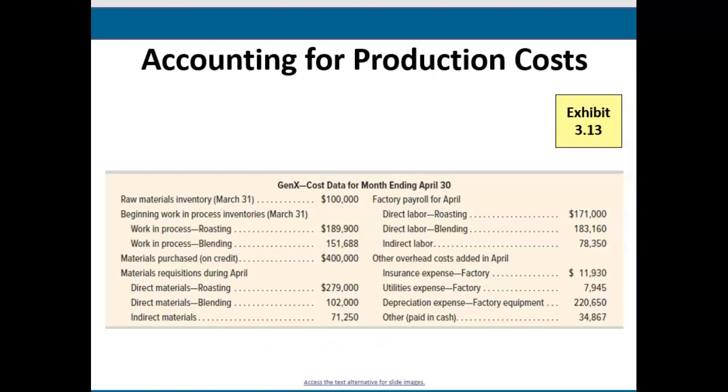Here, accounting for production costs. So Exhibit 3.13 has cost data for Gen X's roasting and blending departments. We use this data to show the journal entries in a process costing system.